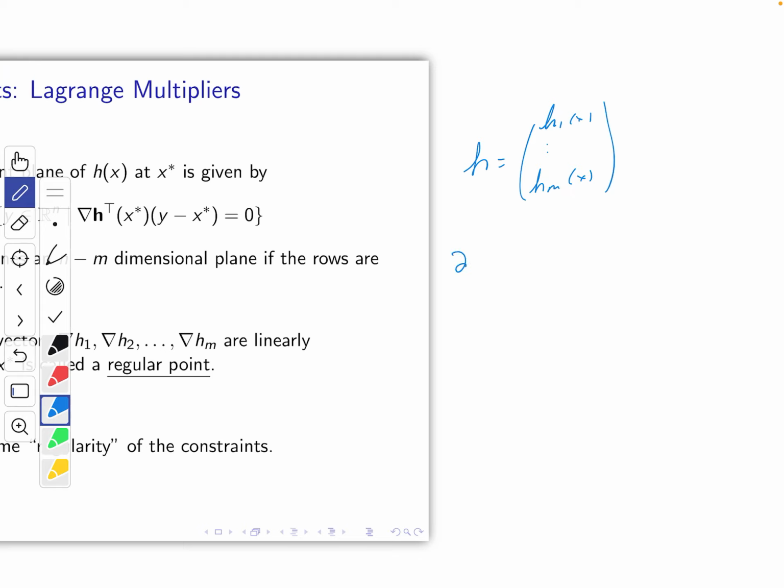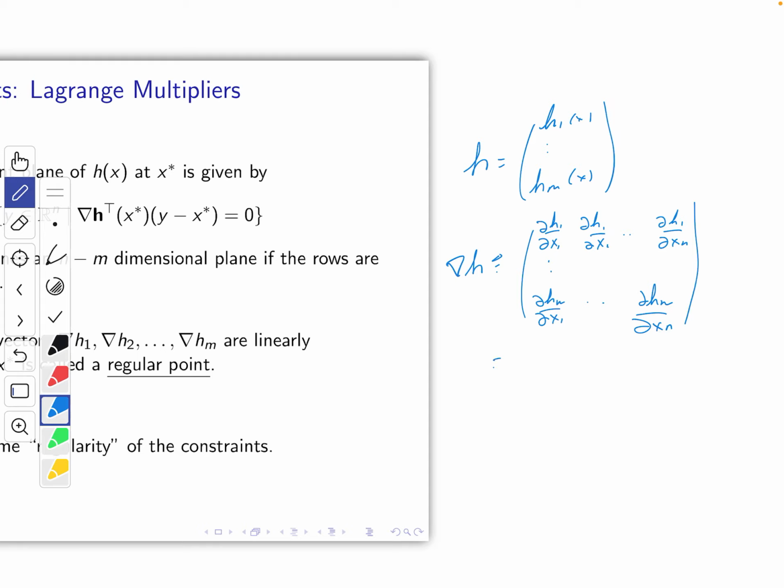So when I look at del h, we're defining that to be the partial of h1 with respect to x1, partial of h1 with respect to x2, up to partial of h1 with respect to xn, down to partial of hm with respect to x1, up to partial of hm with respect to xn.